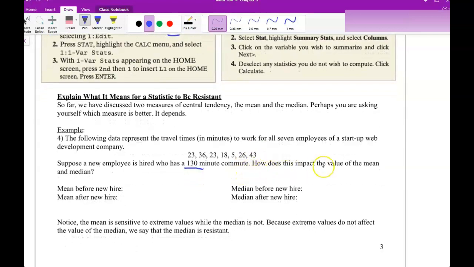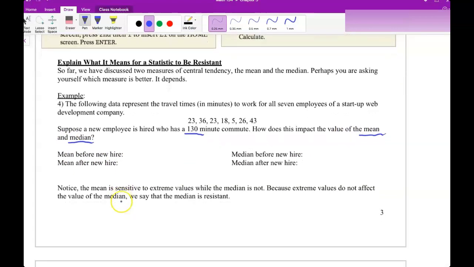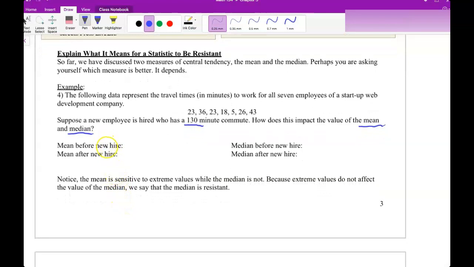Then how does this impact the value of the mean and median? So here on top is the mean before the new hire and the median before the new hire. First, we already have the answer for this part using StatCrunch, and I already know that after rounding, the answer for this part is 24.9.